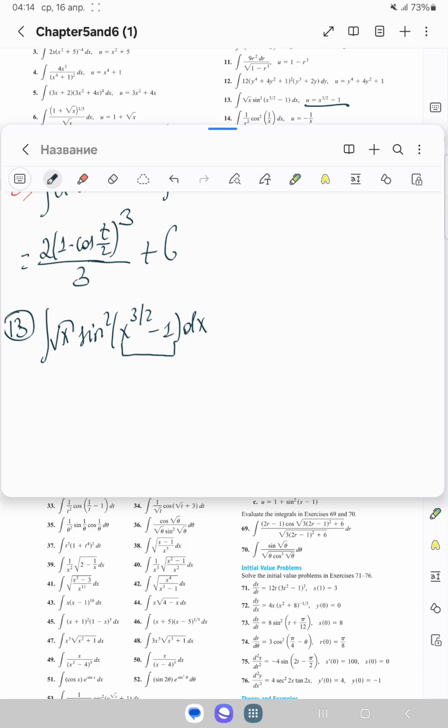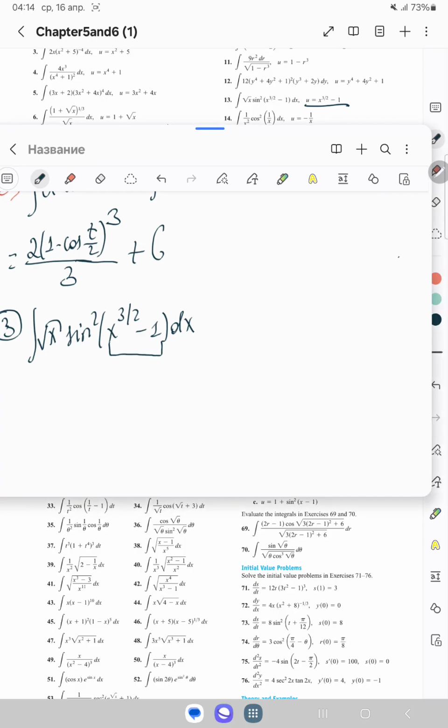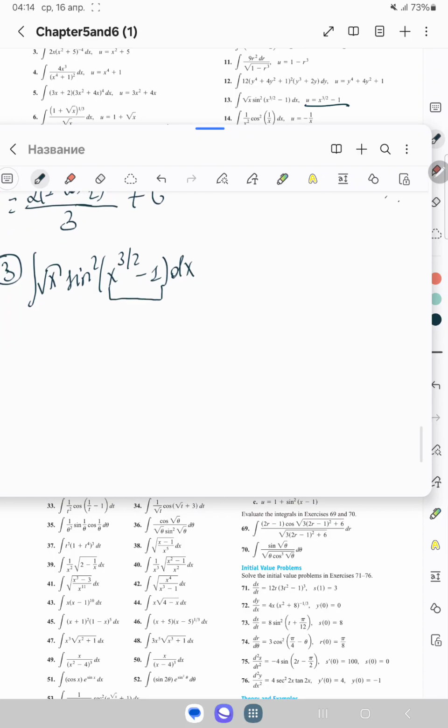Okay, so if x to the power of 3 over 2 minus 1 is u, we'll take the derivative of both sides, equals du over dx.